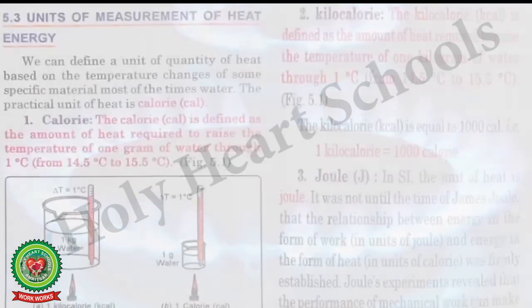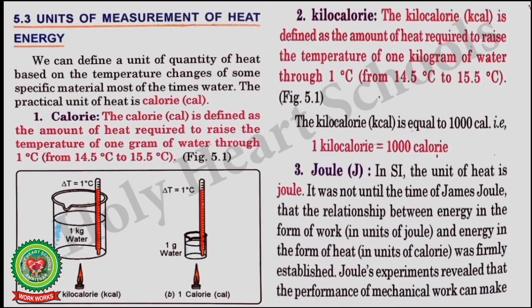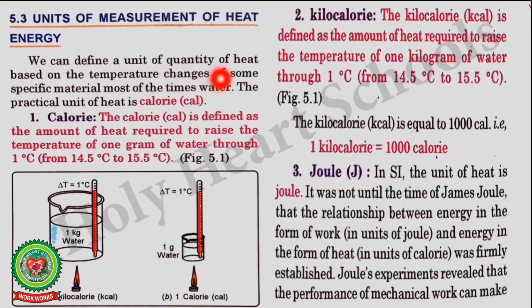Let's read from the book for better understanding. Units of measurement of heat energy. We can define a unit of quantity of heat based on the temperature changes of some specific material, most of the time water. Students, this definition also is taken in terms of water only. Calorie. The calorie is defined as the amount of heat required to raise the temperature of 1 gram of water through 1 degree Celsius.